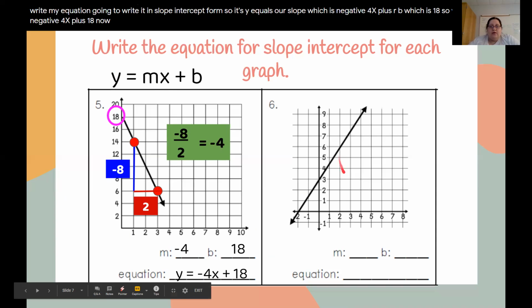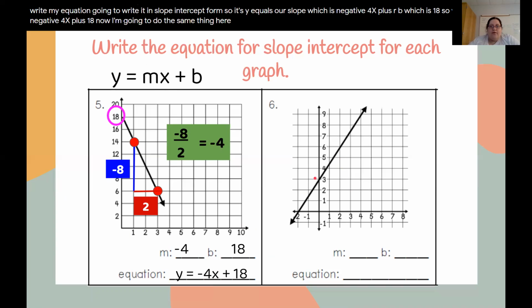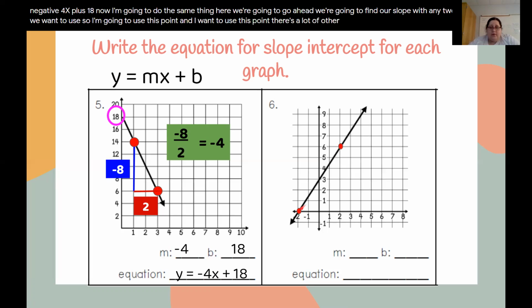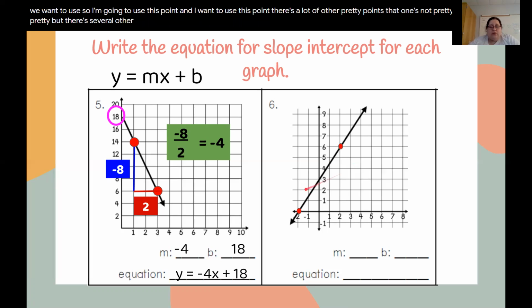Now we're going to do the same thing here. We're going to go ahead and find our slope with any 2 points that we want to use. So I'm going to use this point, and I want to use this point. There's a lot of other pretty points. That one's not pretty. That one's not pretty. But there's several other pretty points in here, but I chose those. So we're going to find our rise.